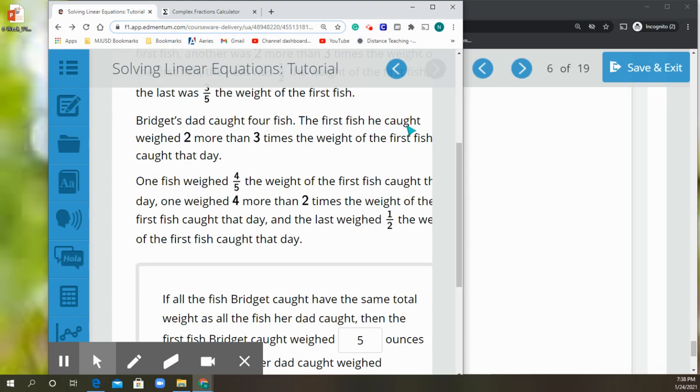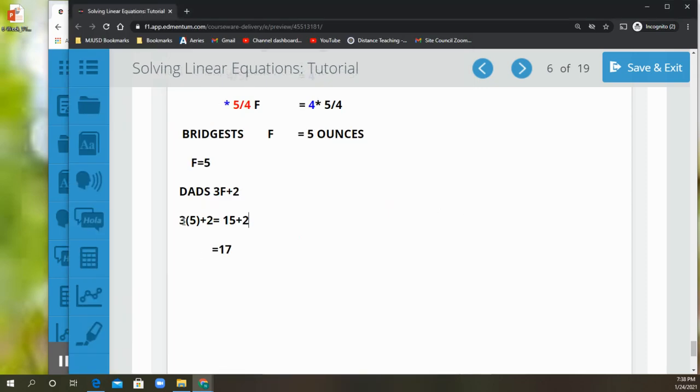The first fish he caught weighed 2 more than 3 times the weight of the first fish Bridget caught that day. Let me back up. The dad's fish was 2 more than 3 times her first fish.